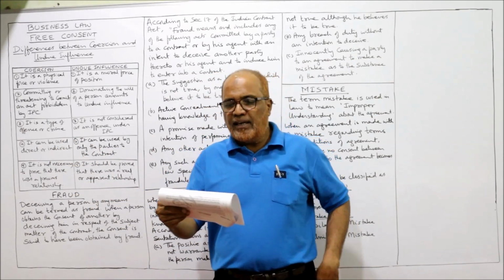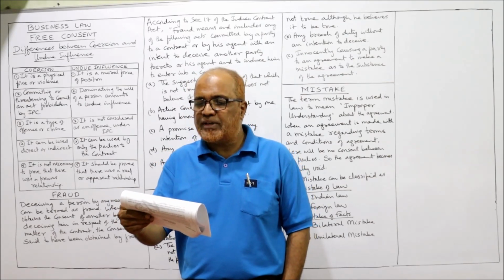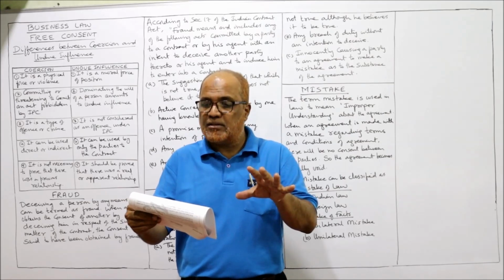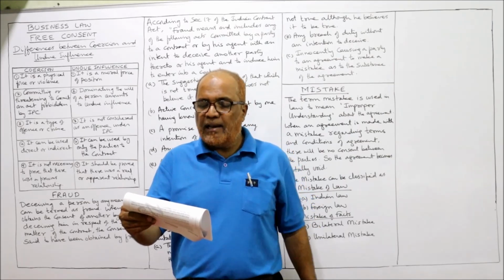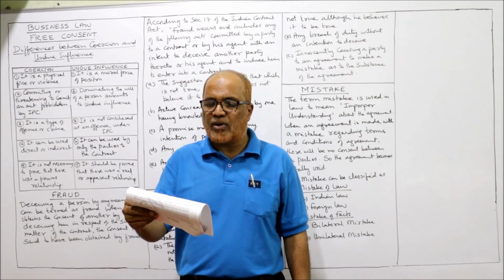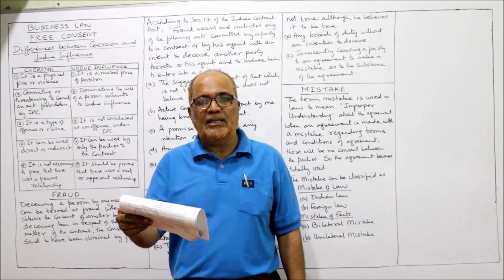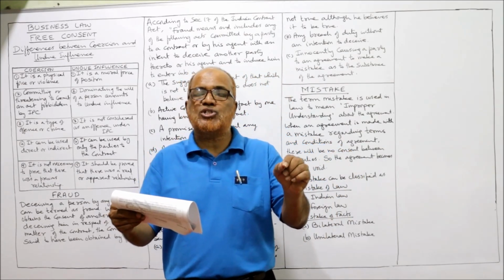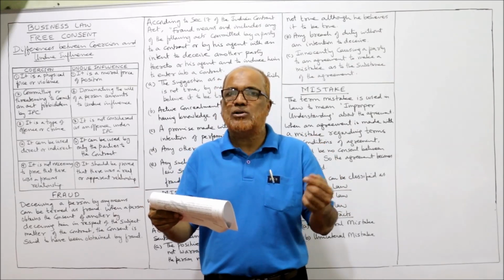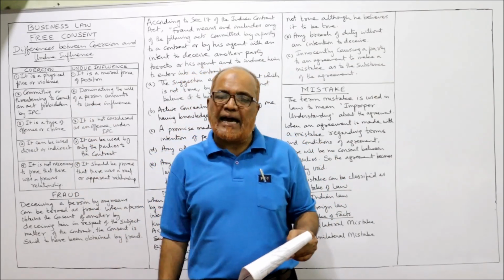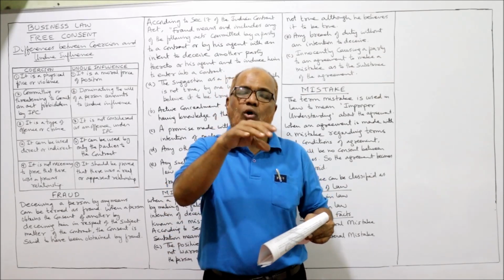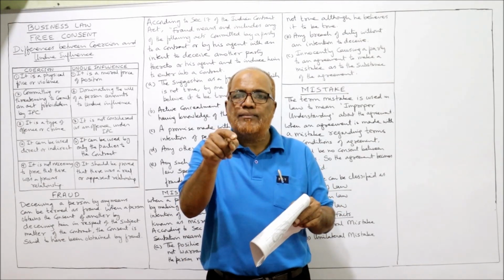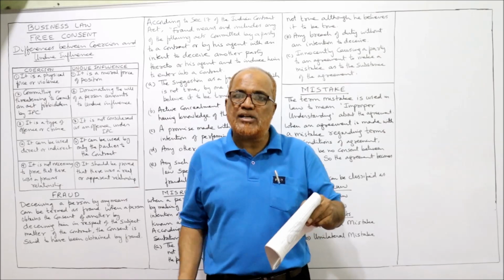Next, seventh. In a case, the consent of Seshamma was obtained on a document for transfer of property by her husband, threatening her that he would commit suicide. The property was transferred to his brother. Later, Seshamma wanted to avoid the agreement of transfer on the ground of coercion. Can she do that? Yes, she can. If there is a threat to commit an act which is forbidden by the Indian Penal Code, and the Indian Penal Code says suicide is an act forbidden by law, it's a crime.